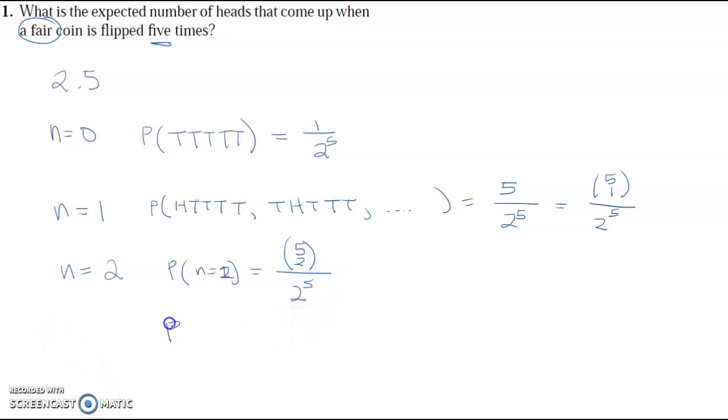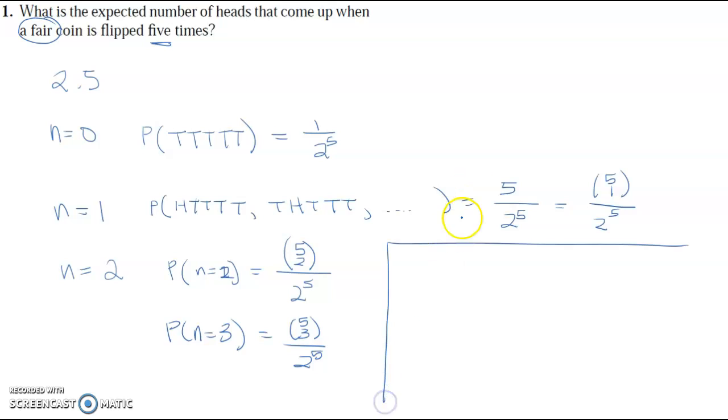When n equals 3, then this would be 5 choose 3 over 2 to the power of 5. So essentially, when we get to all of those with the counting, you guys can also utilize the binomial table.